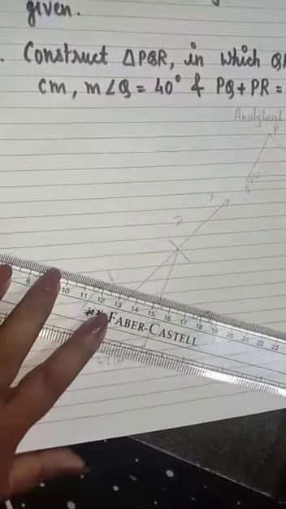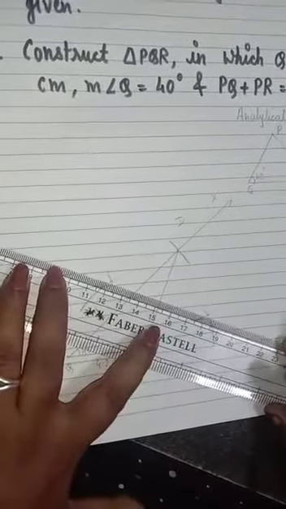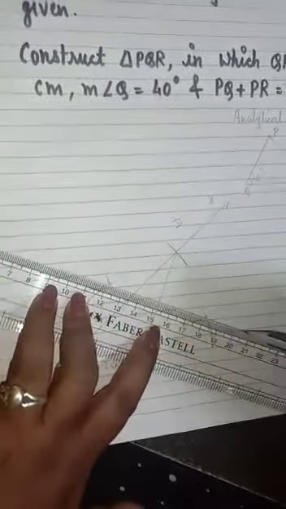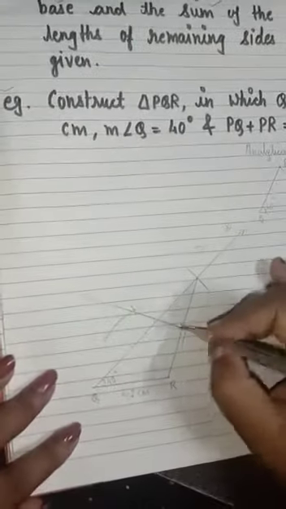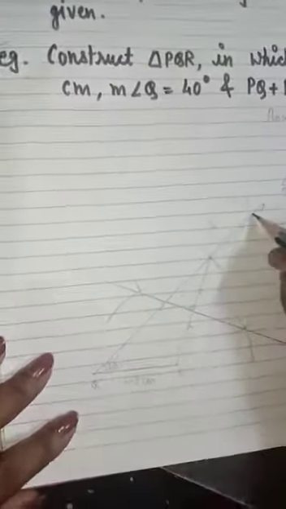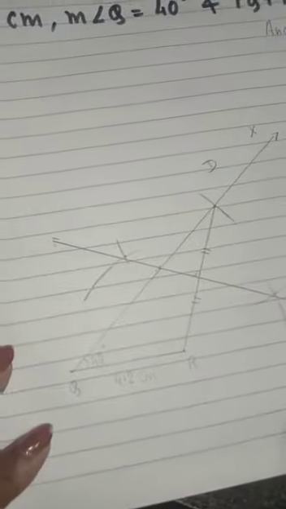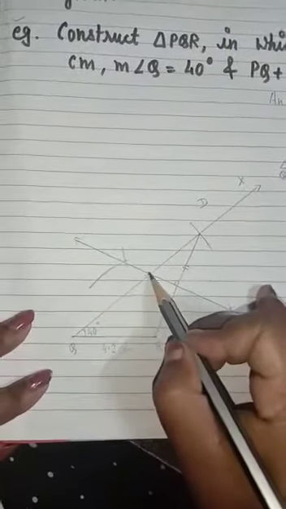We'll join both the points of intersection. Okay, now you can see that this perpendicular bisector of DR is intersecting QX at some point.